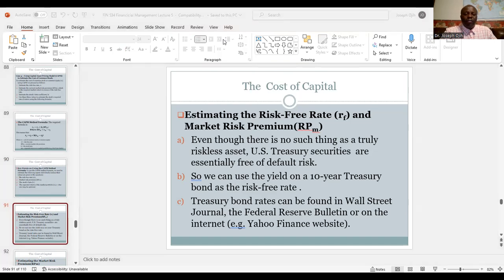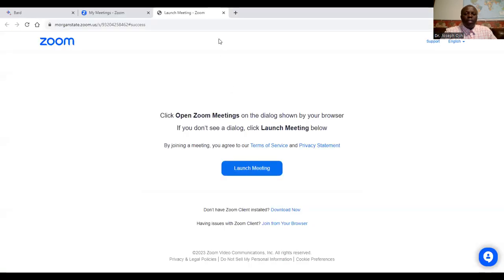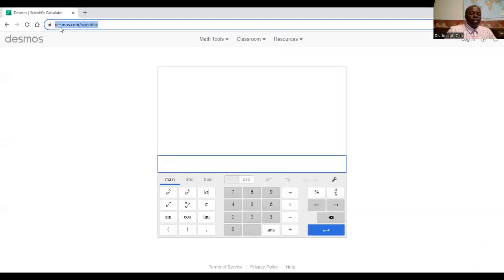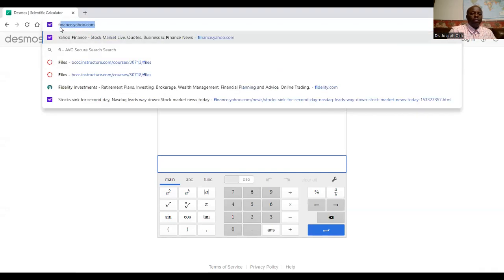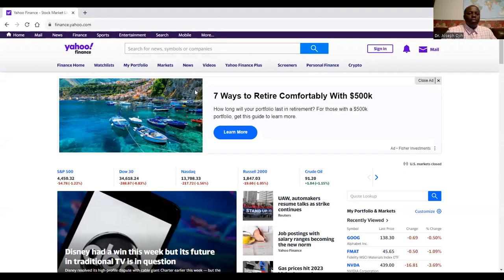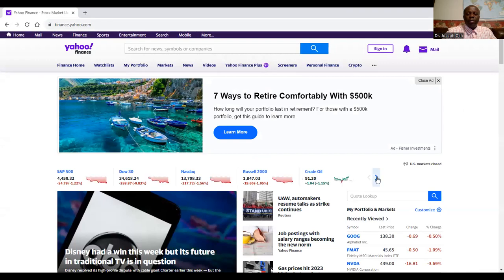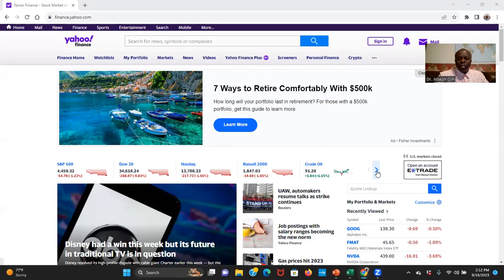Let me open Yahoo Finance. You can see the 10-year Treasury bond right here.